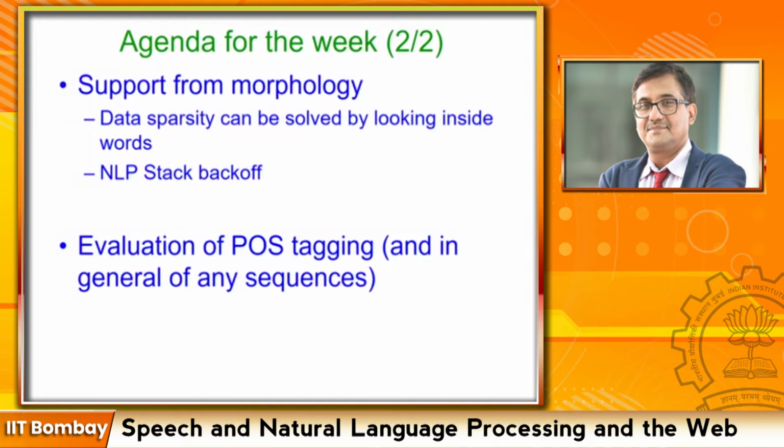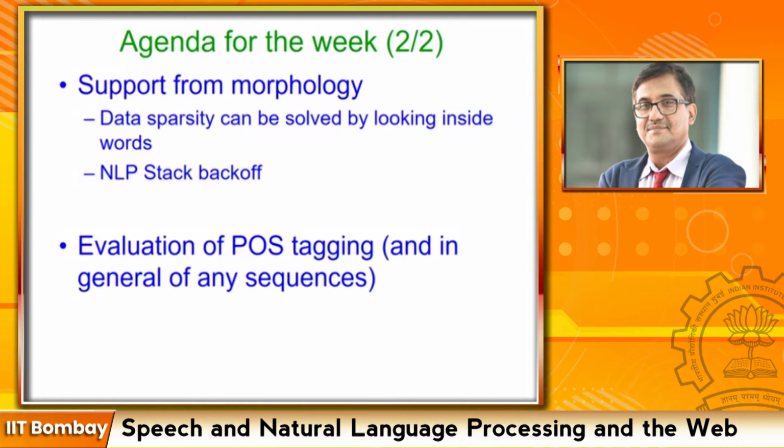Now, many of you have asked the question of how to deal with unknown words, which is also the data sparsity problem. Mark my word at this point of time. Mark my word. Sparsity problem can only be solved by going lower, going backward in the NLP stack.